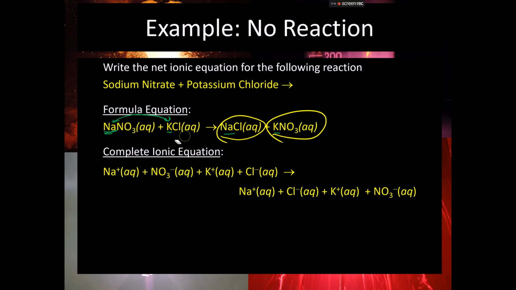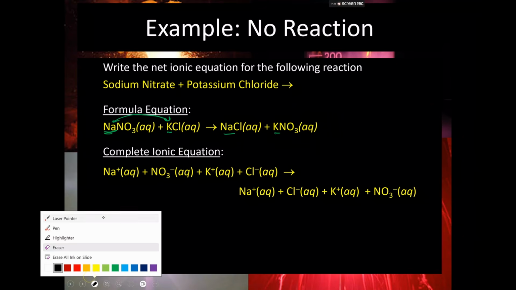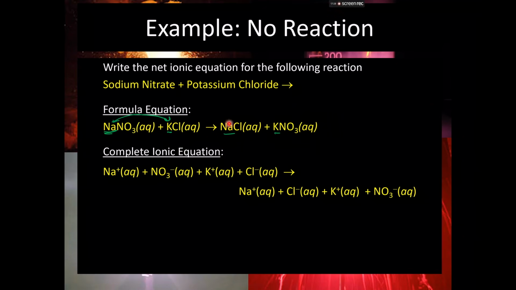So we're going to split the NaNO3 into sodium and nitrate, the KCl into potassium ion and chloride ion, the NaCl into our sodium ion, Na plus, and chloride ion, Cl minus, and the KNO3, the potassium nitrate, into K plus and NO3 minus.